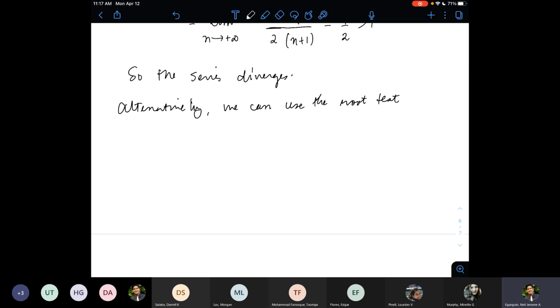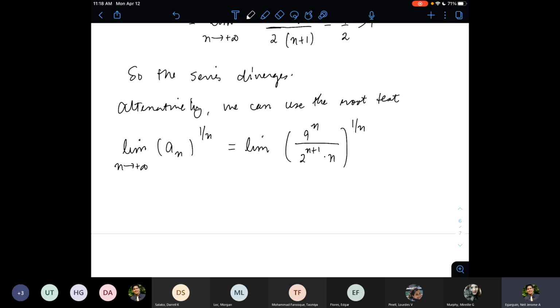So for the root test, we take the limit of a sub n raised to 1 over n, that's the nth root of a sub n, as n approaches infinity. So if I do that, I'll have the limit of 9 to the n all over 2 to the n plus 1 times n, raised to 1 over n, as n approaches infinity.